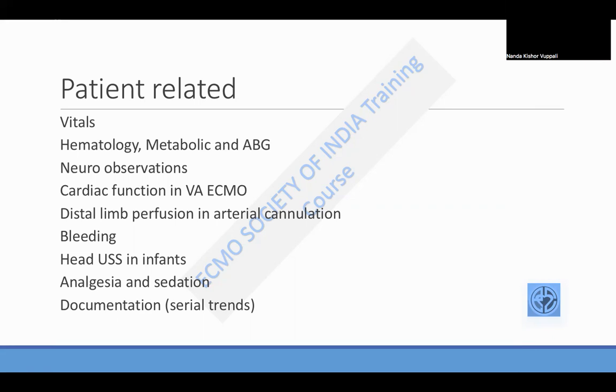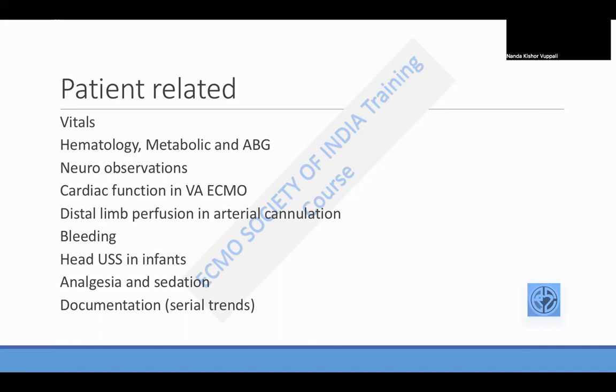One way to know is clinical examination, looking at the color of the limb, capillary refill time, and temperature. The other way is to do an ultrasound to see what the flow is. So we need to monitor that, make sure that flow is adequate. And if you have the facility, sometimes if a flow probe is available, we put a flow probe onto the distal limb to see how much flow is going to that leg.